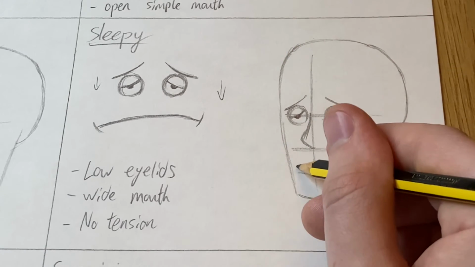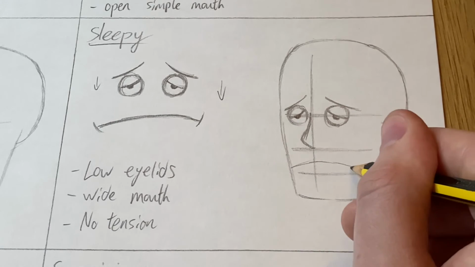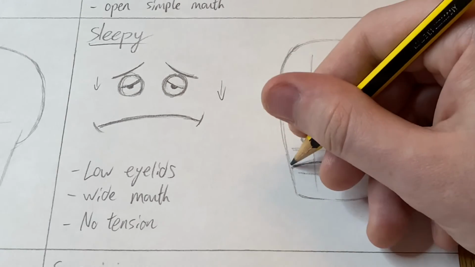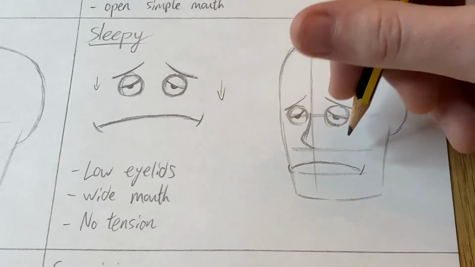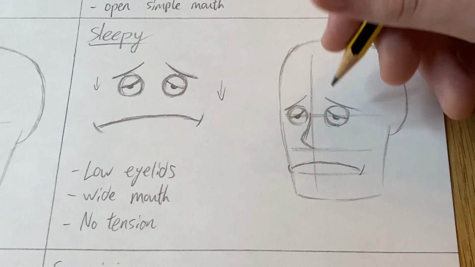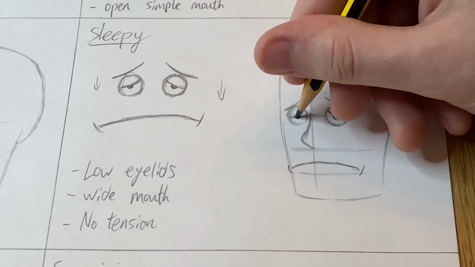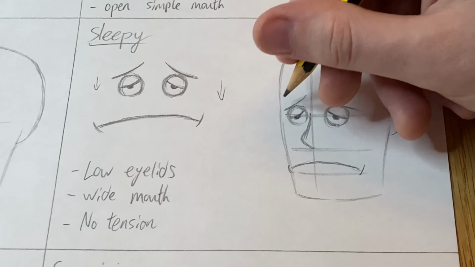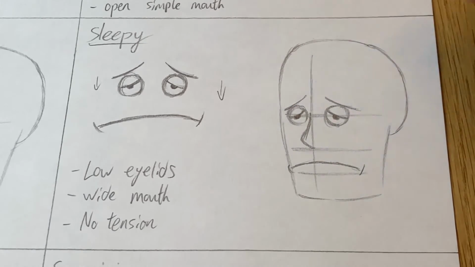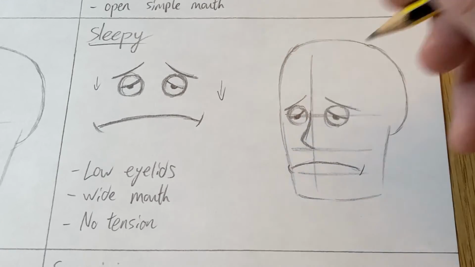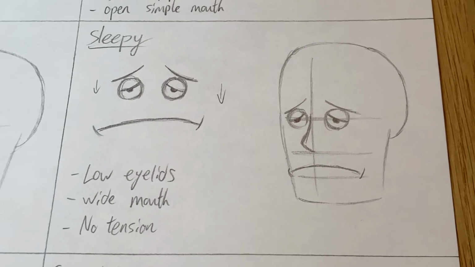And then on the mouth as well, so wide again, very wide, very sort of lazy, but adding in our ends to our mouth as well. Like I said, the more tired you want the character, the more you drop everything down, the more the eyebrows go down, the more the eyelids go down as well. But there you go, that is the sleepy one done.